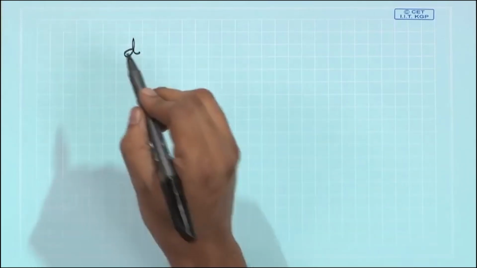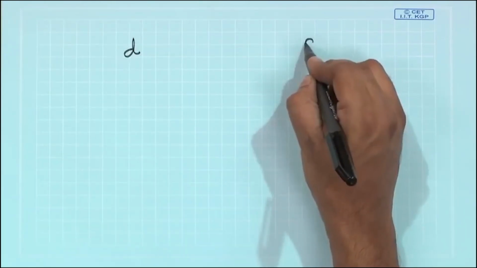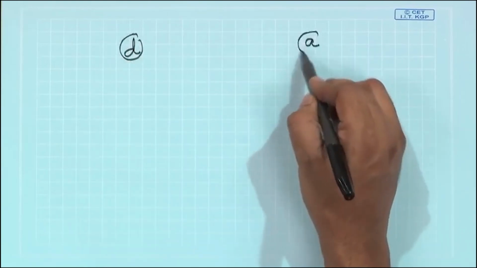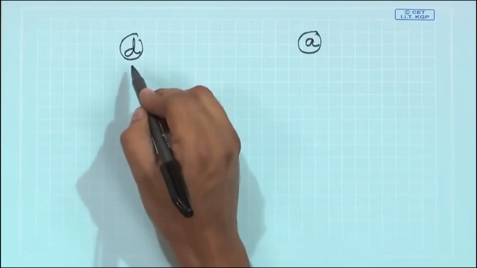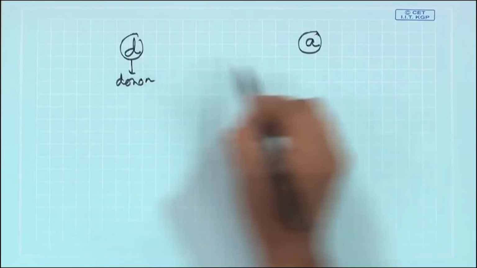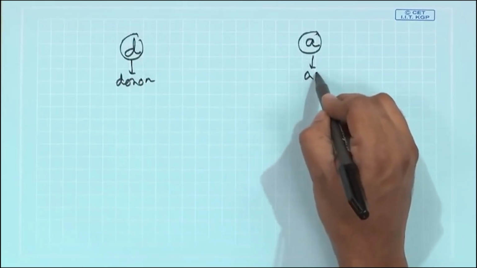Now, before we talk about these things, we will try to give you an explanation of two terms, D and A. We might have explained it a couple of times earlier. D stands for donor and A stands for acceptor.